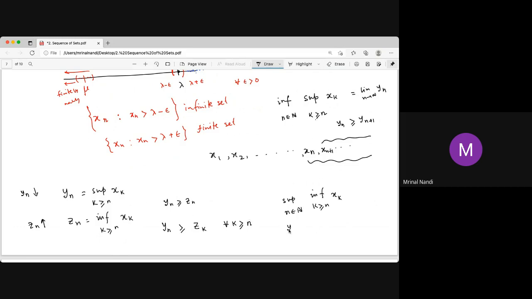Say your y10 and you're comparing y10 with z15. We know that y is a decreasing sequence, so y10 is greater than or equal to y15. But we already saw that y15 is greater than or equal to z15. That means y10 is greater than or equal to z15. And obviously y10 is greater than or equal to z16, z18, and so on.